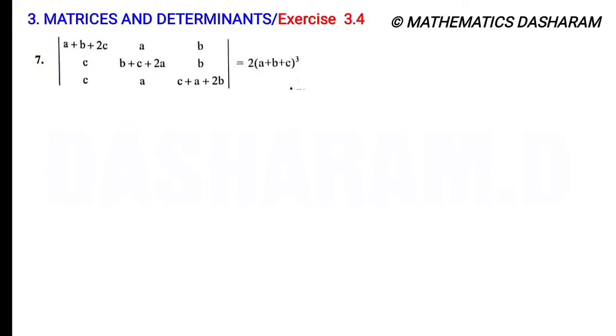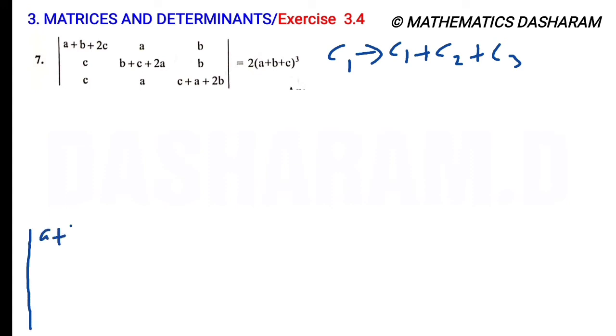Seventh question. Here replace C1, column 1, with C1 plus C2 plus C3. So then here the C1 is a plus b plus 2c, so plus a plus b. Next here c plus b plus c plus 2a plus b.